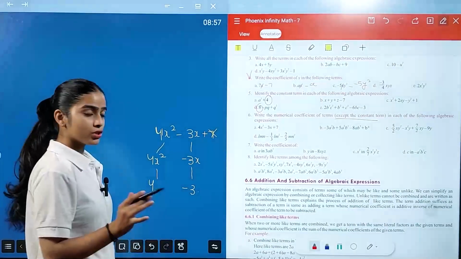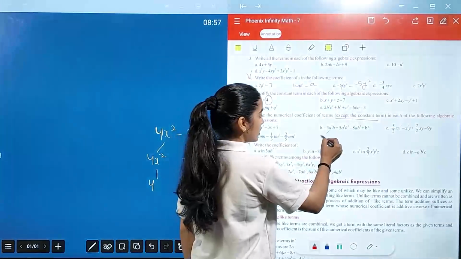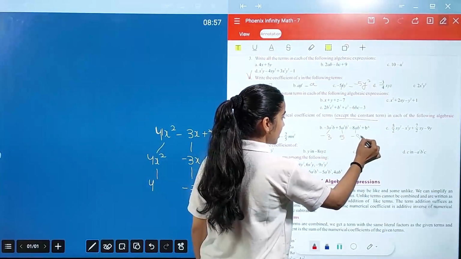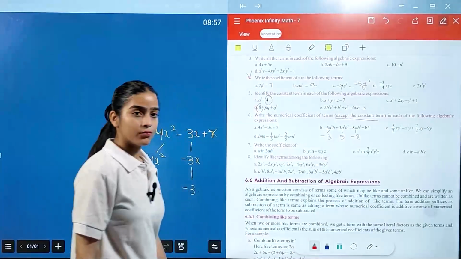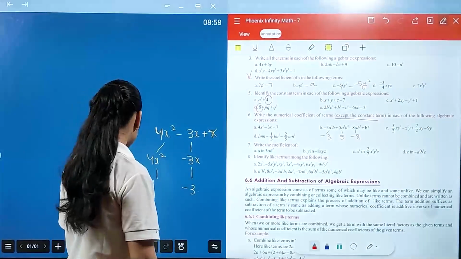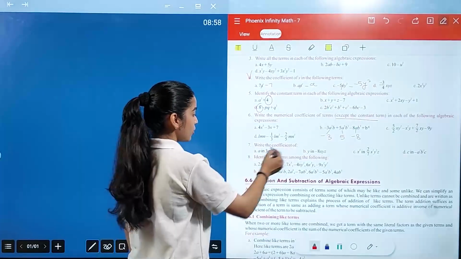So in the same way, you just have to write down the numerical value. In this case, you have only minus 3, this 5, minus 8. So in the same way, you have to find the numerical coefficient for the rest of the parts you have in question number 6.